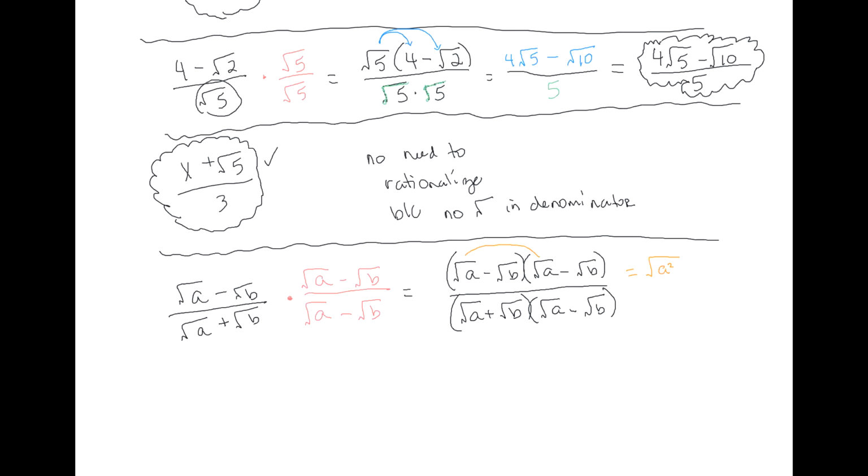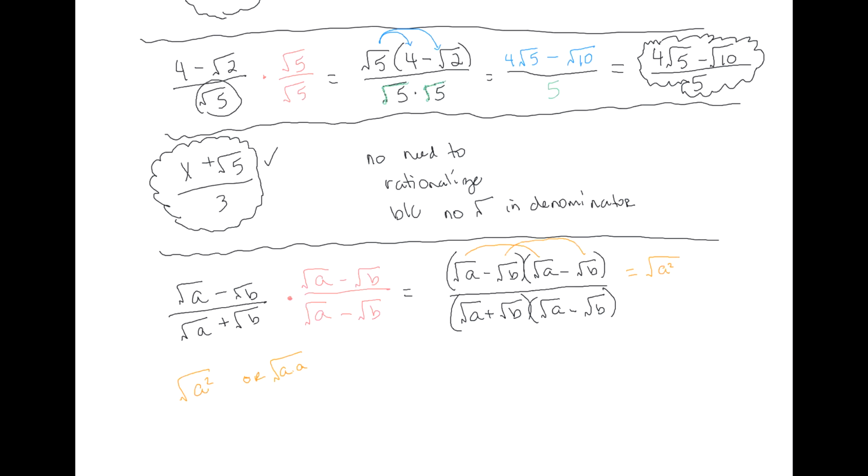Like I can write the square root of A squared or the square root of A times A. Which way do you prefer? Which way does your brain think of it? A squared? Okay.